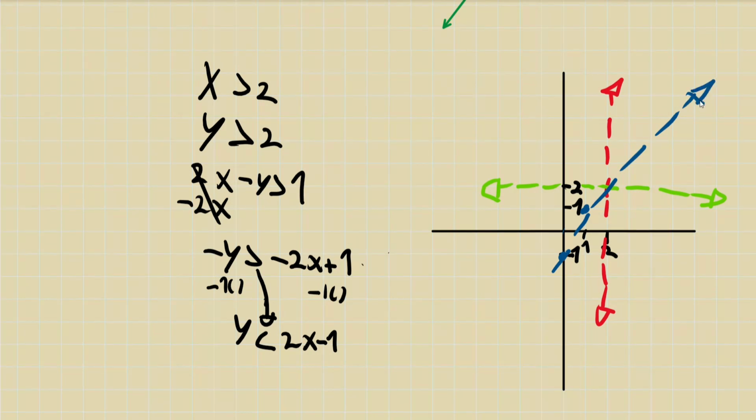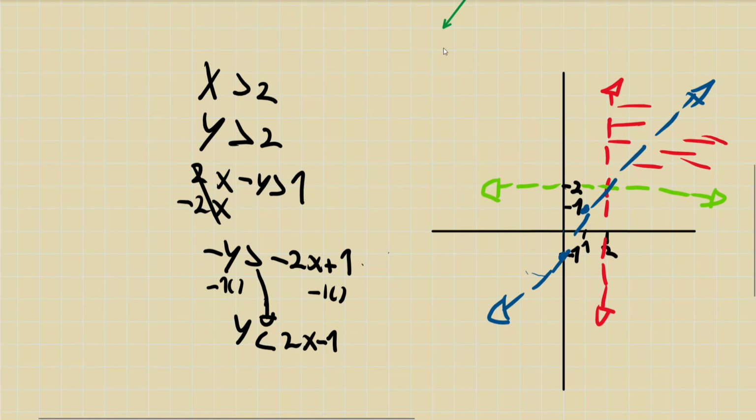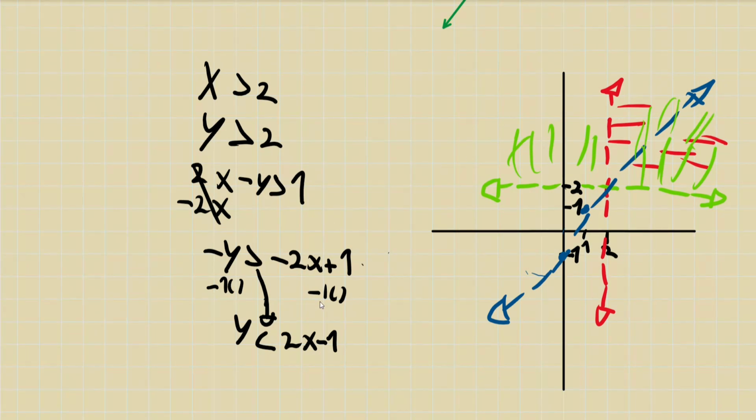And first of all, let's start by shading everything. So for the red line, it's going to be like this. And for the green line, it's going to be like this. And then for the blue line, it's less than, so we're going to shade under.